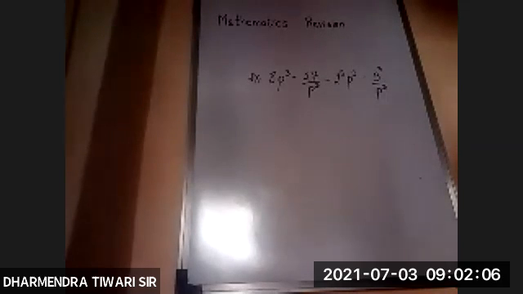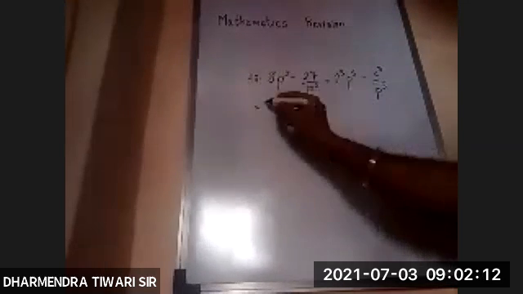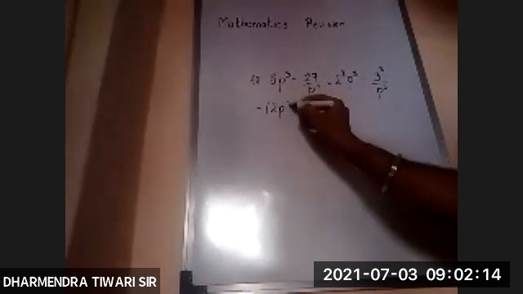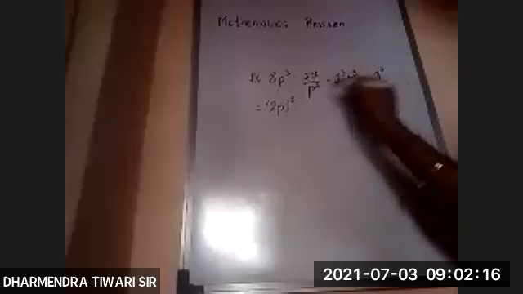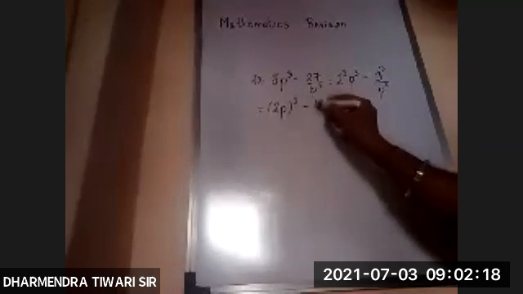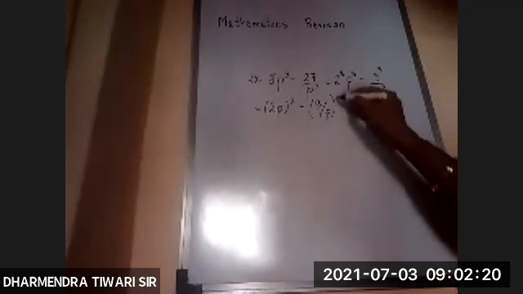Yeah, this we can easily understand. 2p the whole cube minus 3 by p the whole cube.